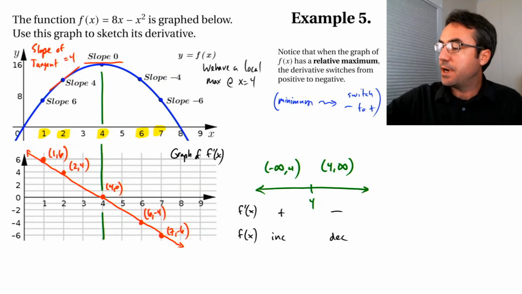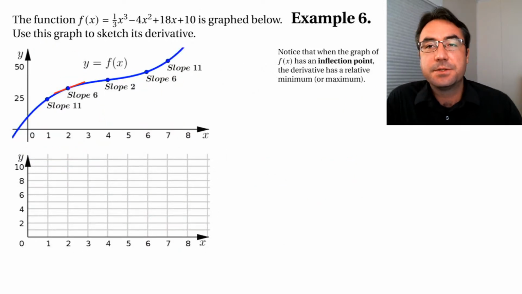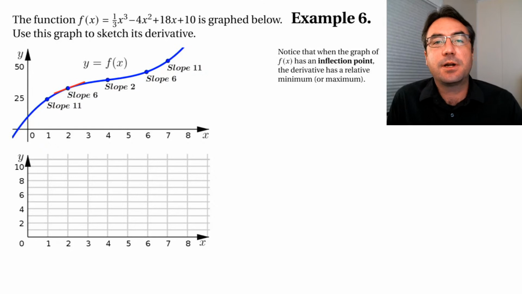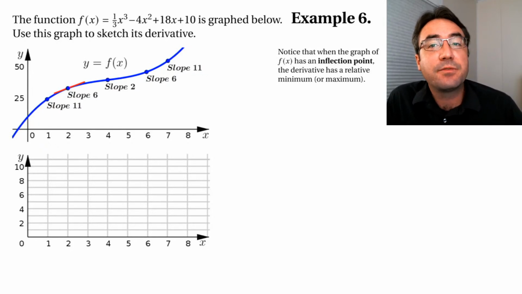All right, let's try another one of these. So here we're given the graph of some function f, and we want to sketch the derivative and talk about the behavior that we notice in regard to f prime, and possibly f double prime.